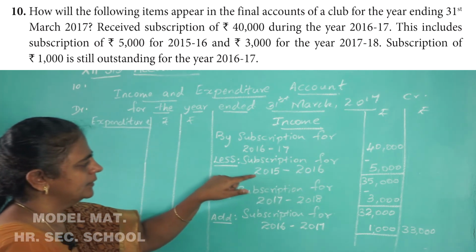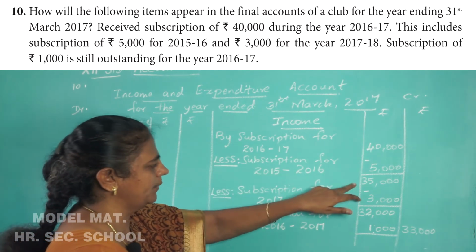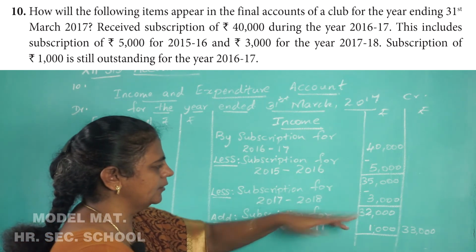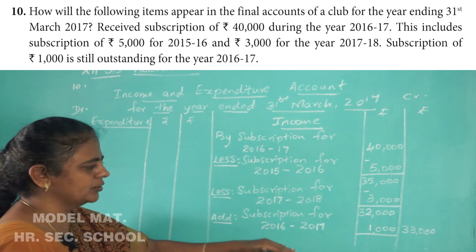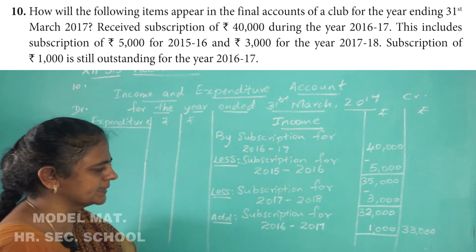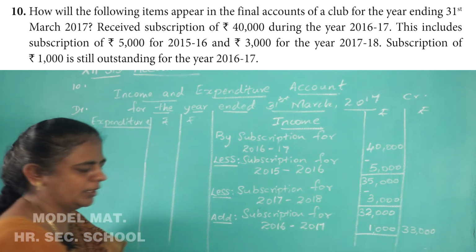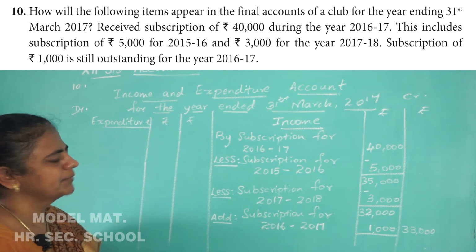But in that, last year's amount 5,000 is there, that we don't want, you subtract. Then next year's amount 3,000 is there, that also we don't want, that you minus. Then for the current year outstanding, for this year not yet received is 1,000. Add both, put it in the outer column. Okay. Now next you have to show it in the balance sheet.